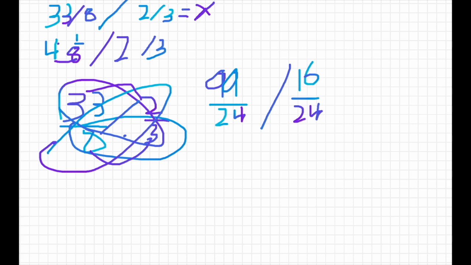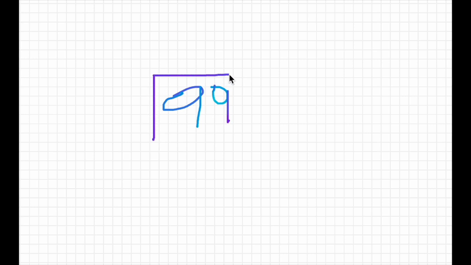So next, we really don't need to look at this part right here, because they are the same denominator. So now all you are doing is 99 cups divided by 16.